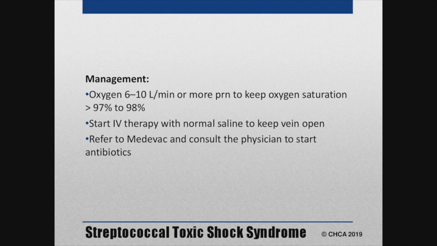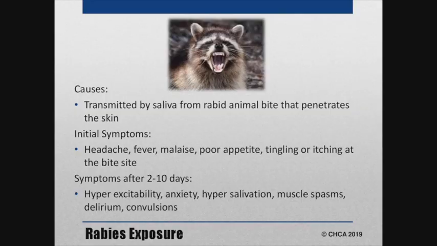Starting 2 IVs with normal saline to keep them open and bolus as needed. Refer to medevac and consult the physician to start antibiotics, and use your clinical practice guidelines to continue to manage these patients.